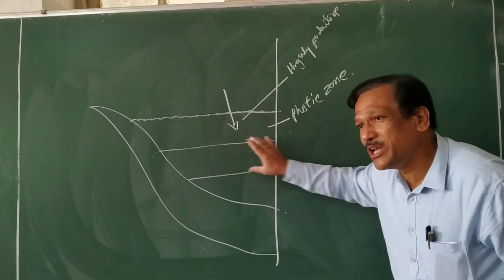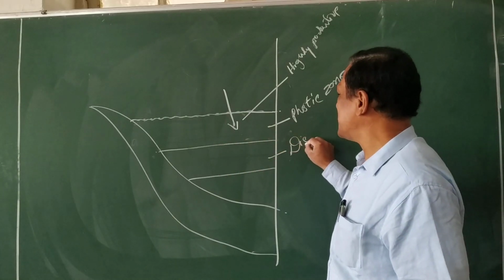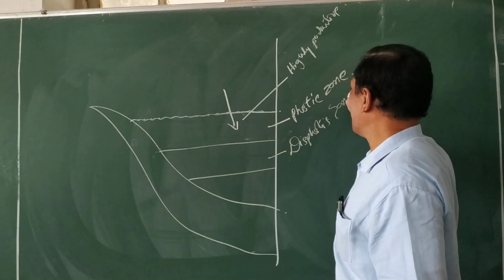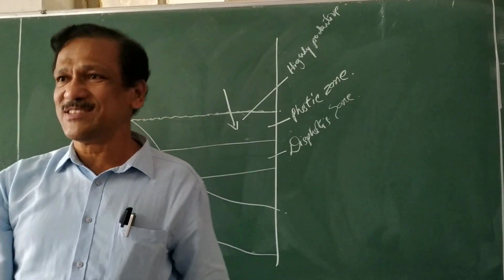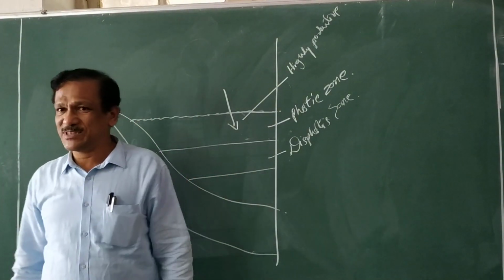Whereas this is the middle zone, and this middle zone can be termed as dysphotic zone. And this dysphotic zone is called by this name because here the light is slightly diffused.